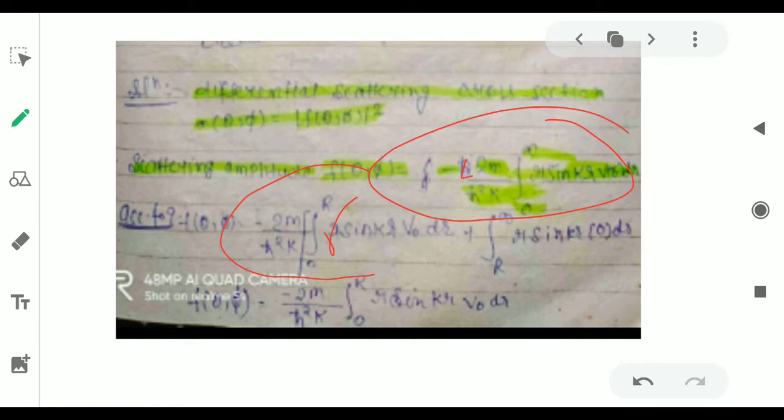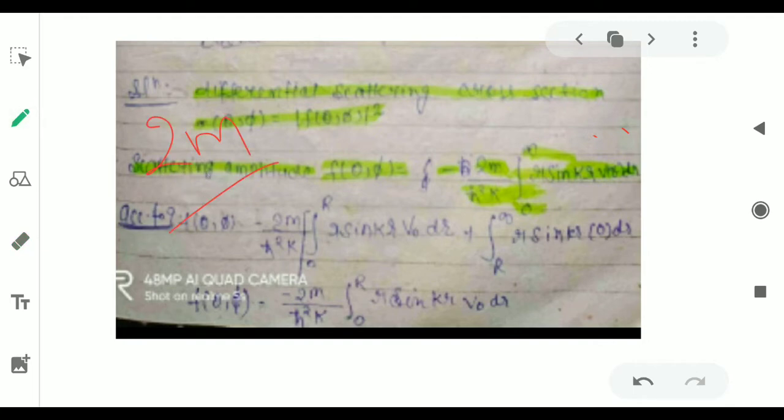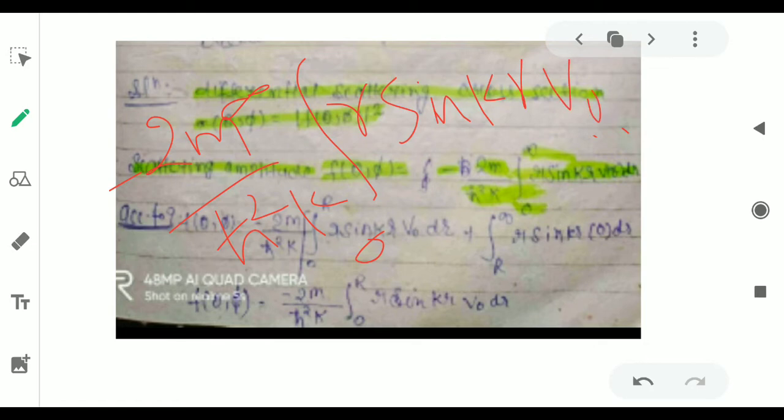If you have not gotten what is written, I am writing it again: 2m upon ħ² k, with a minus sign, and the integration from 0 to infinity of r sin(kr) V0 dr. Okay, this is the formula you have to write. This is the Born approximation formula.